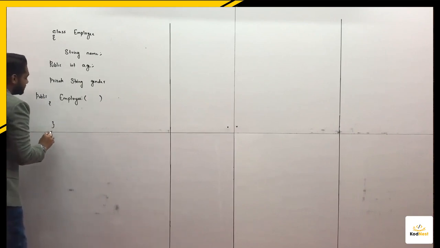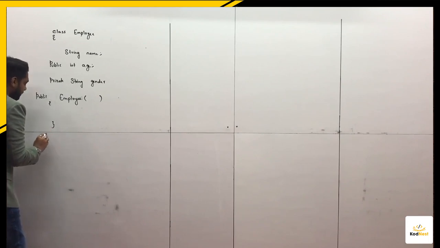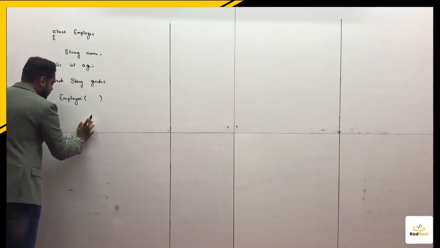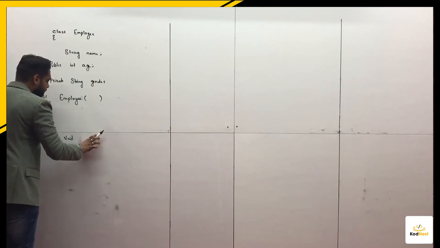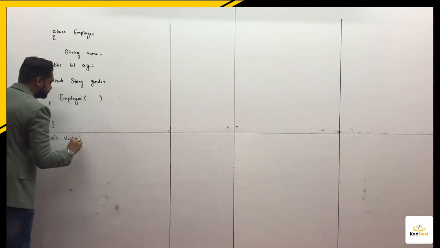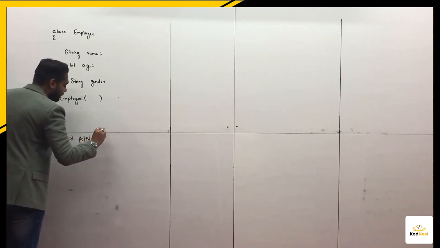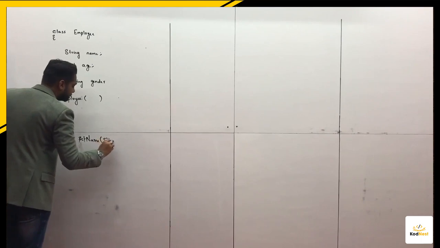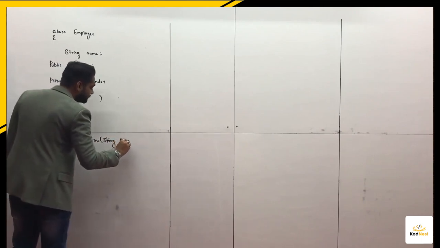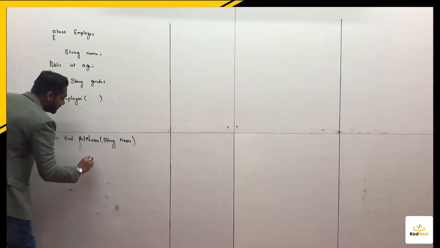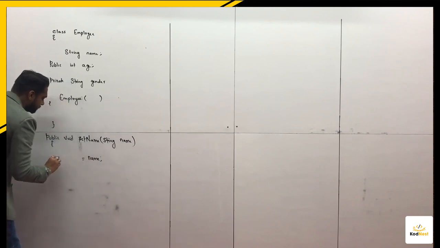Next, I will have one setter like this, possibly public void setName separately, probably here string name. Inside this I would tell whatever is there in name, give it to this dot name.